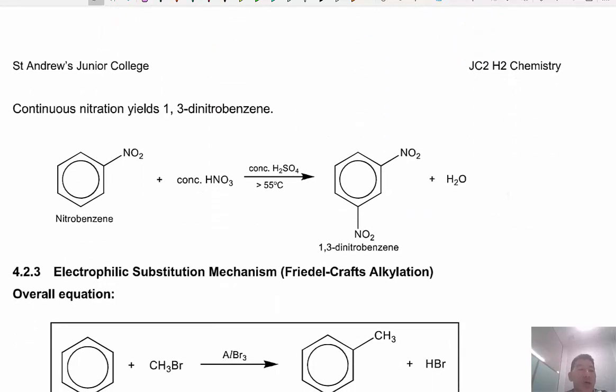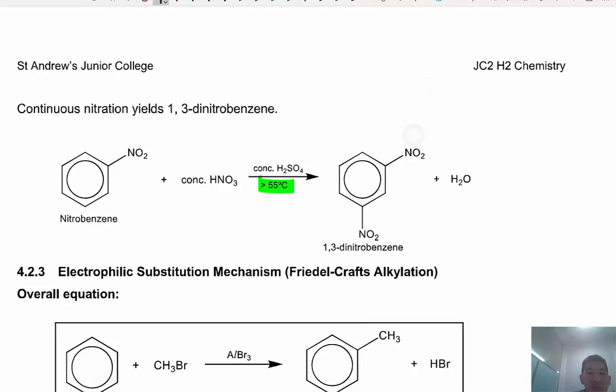Now, if you use excess concentrated nitric acid and you use a higher temperature, you can actually end up with multiple substitutions. So this is one example, 1,3-dinitrobenzene. Now some of you are thinking, why not 1,2? Why not 1,4? Again, there is a reason for that. We'll talk about it later on.